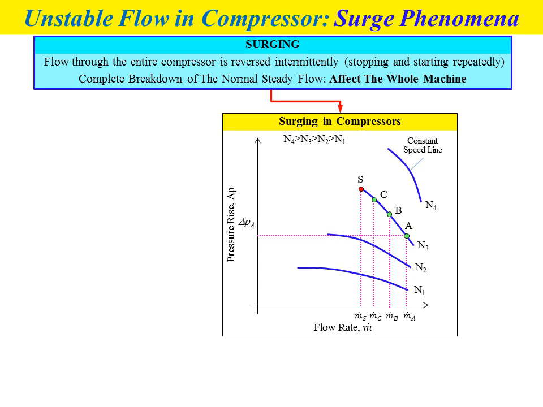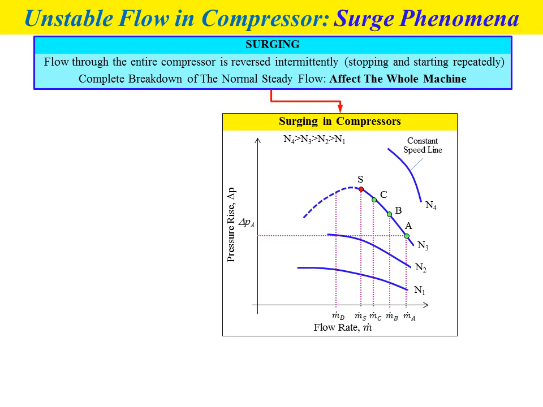At a certain point we will have point S, referred to as the surge point, and after this point the pressure rise will decrease due to the surging phenomena. So any reduction of flow rate will not increase the pressure rise.